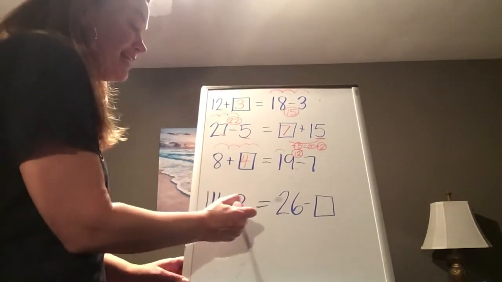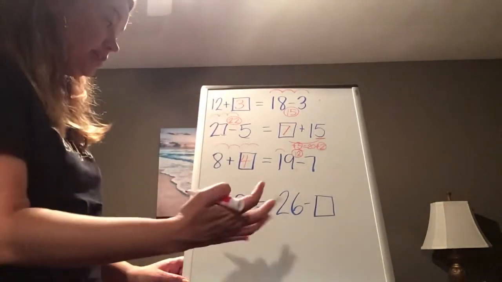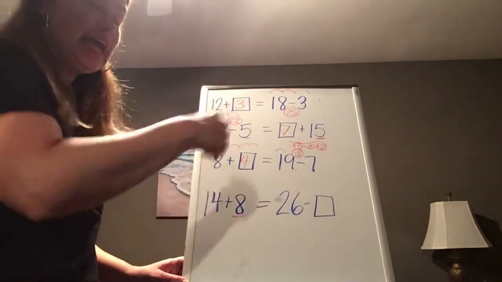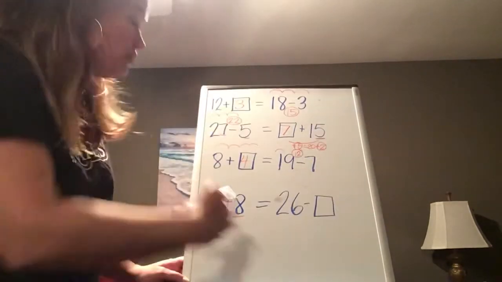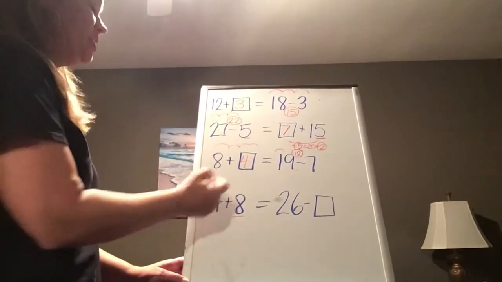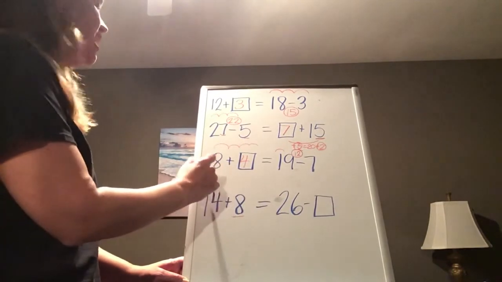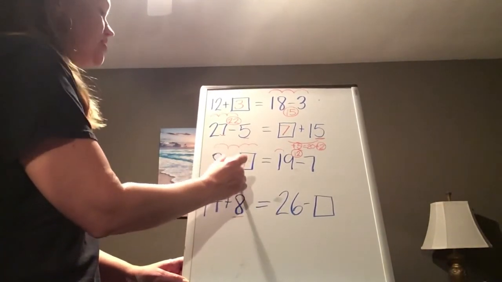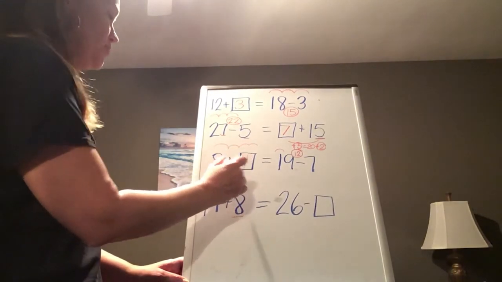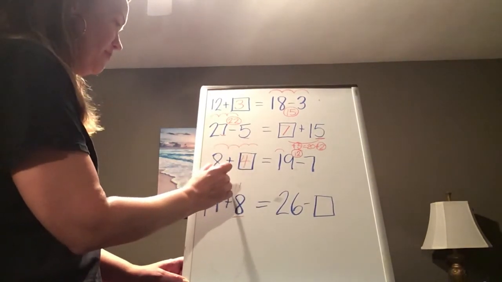You can break down 8 into 2 fours, and you could think 14, add 4, add another 4. You could just go up 8 times. So I might think 14, 15, 16, 17, 18, 19, 20, 21. How many? 1, 2, 3, 4, 5, 6, 7.